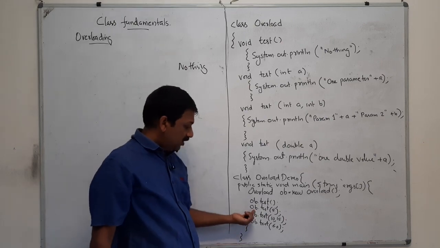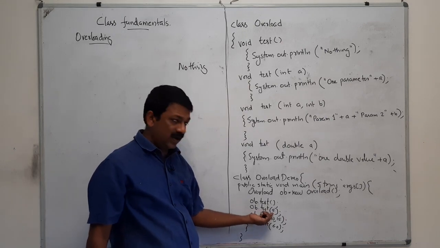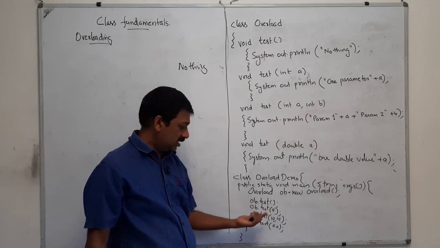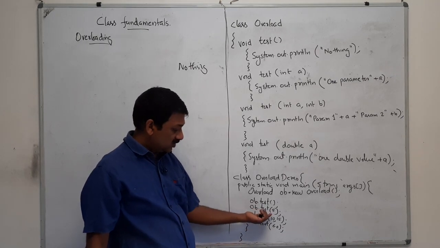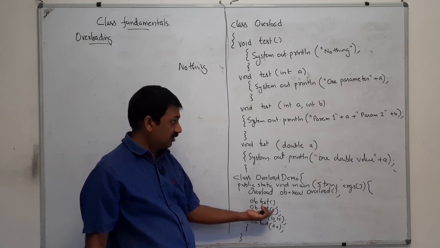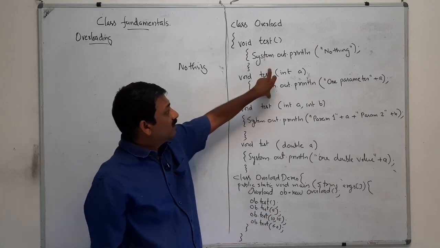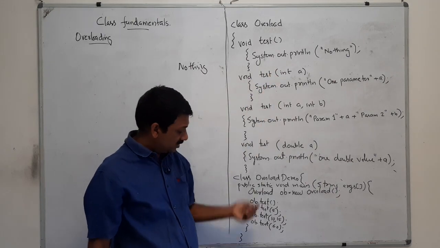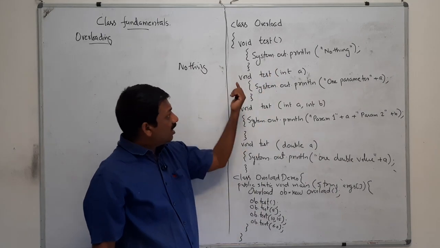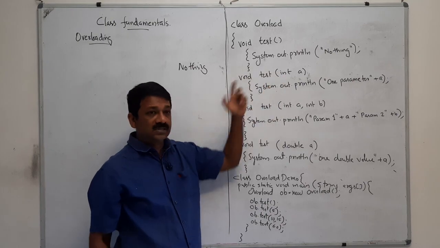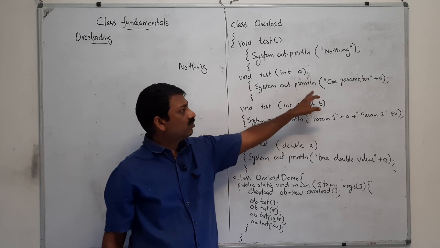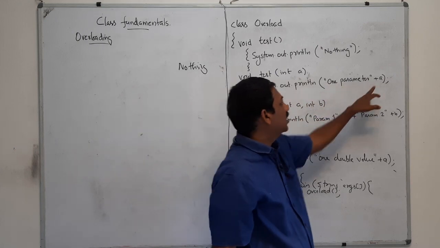Now, if ob.test is called with a parameter 5, an integer parameter, then definitely it will execute this one, because the method signatures are the same.